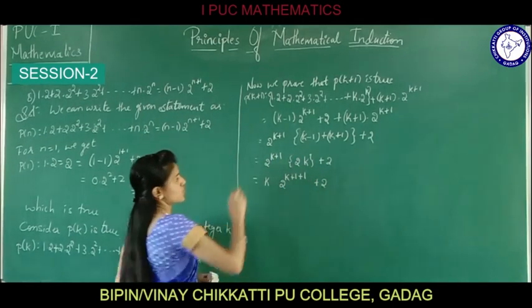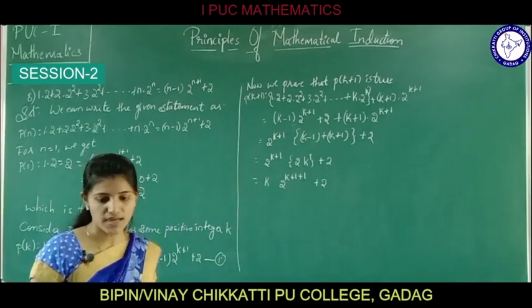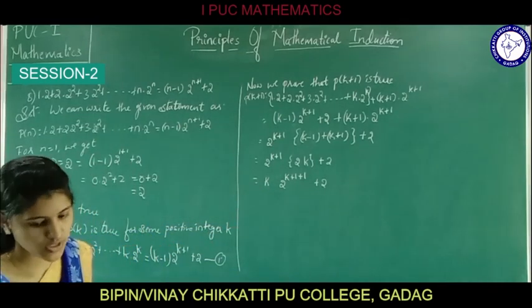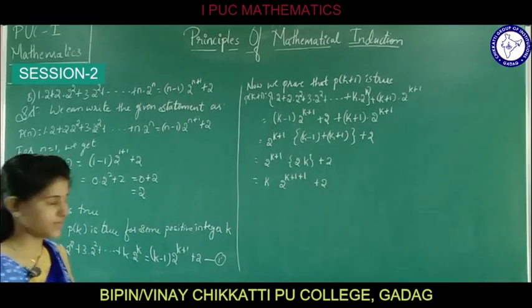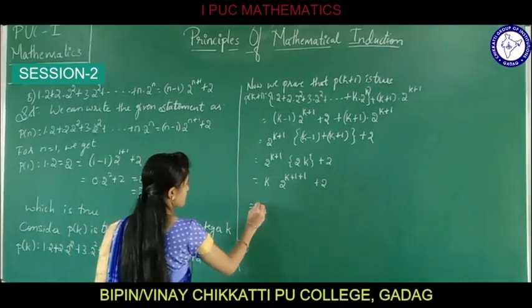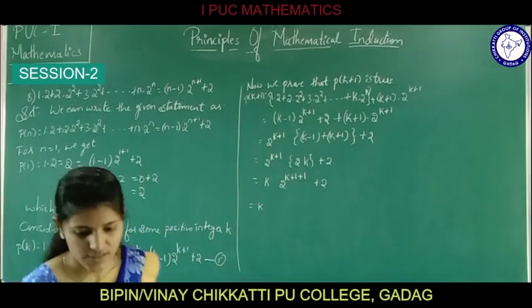We have taken out k into 2 raised to k plus 1 plus 1 plus 2.